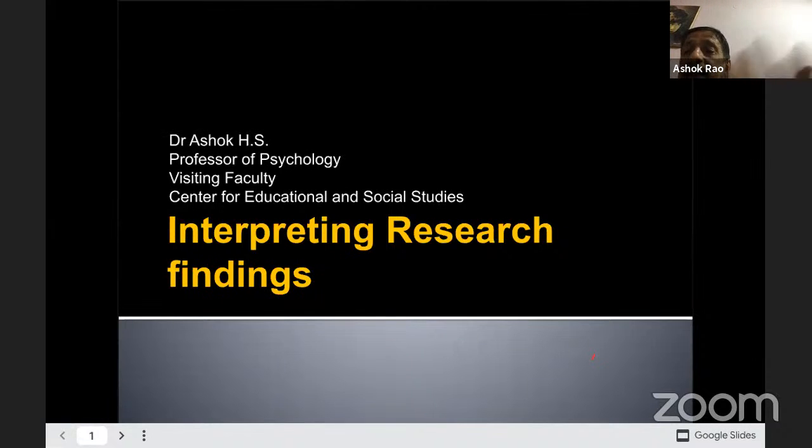Post hoc, as I said, means after getting the data, while analyzing, you may become curious to examine different components or use different statistical tests which were not thought of earlier. When you start doing this, you may be stuck with this particular component. Many times you may end up with a result that goes against common sense, goes against the theory, and it becomes difficult for you to interpret.